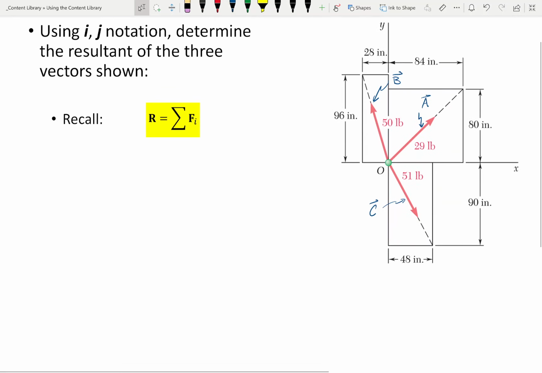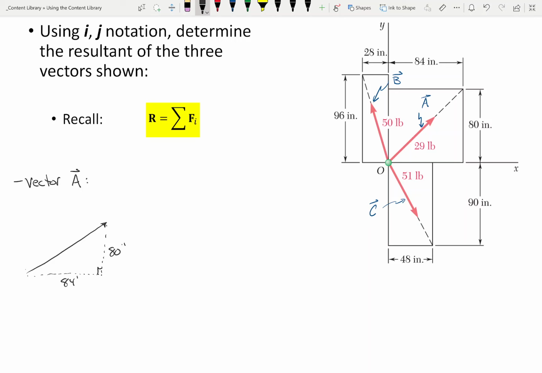Let's do vector A. What do we know about vector A? Vector A is going about like this, and we know that it exists in this box where this is 80 inches and this is 84 inches.